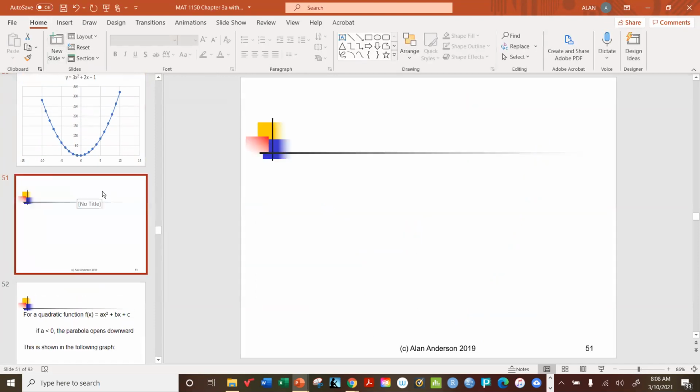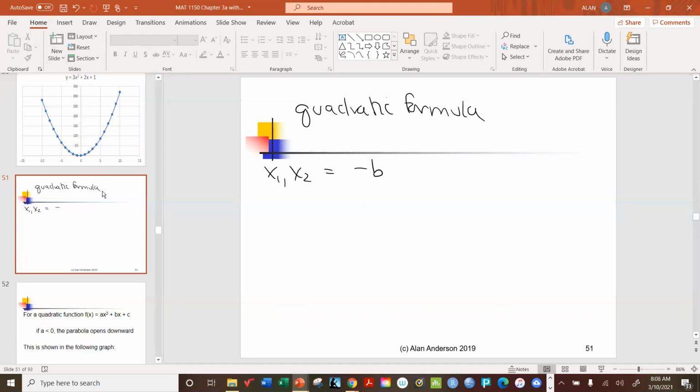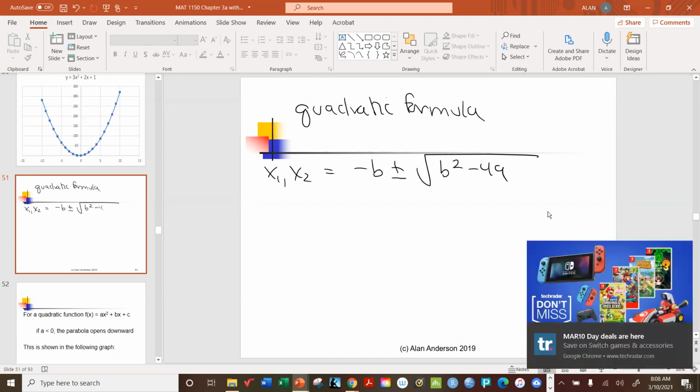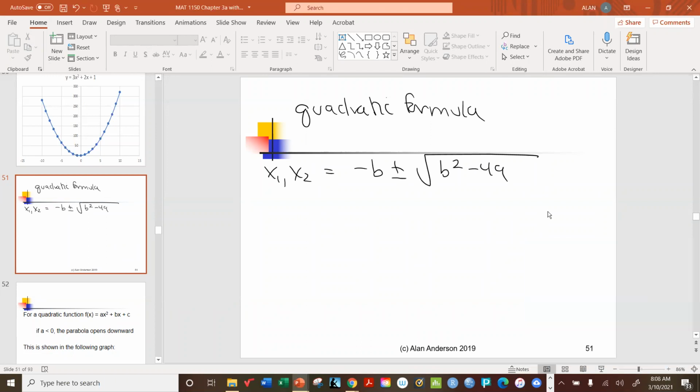You recall that the quadratic formula is x1 and x2 equal minus b plus and minus the square root of b squared minus 4ac all over 2a.